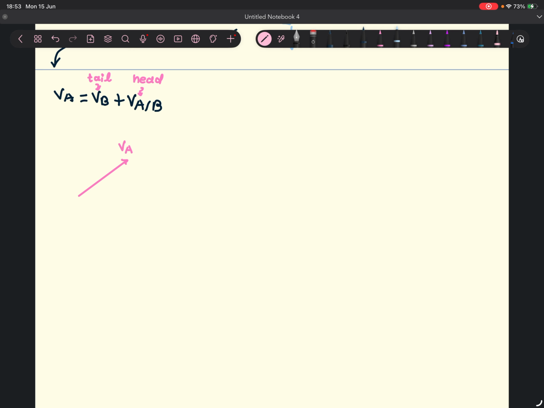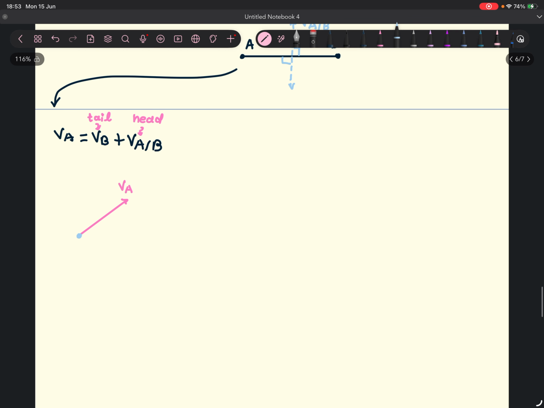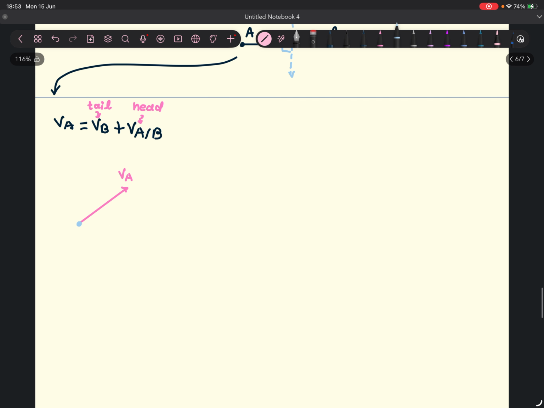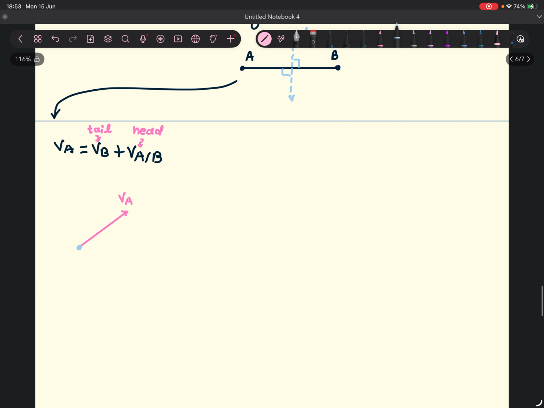And VA must start at the tail of VB, and VB could either go this way or it could go that way.